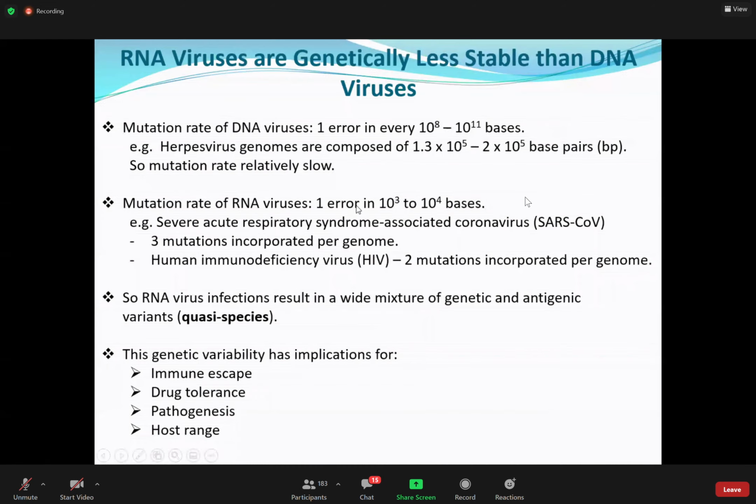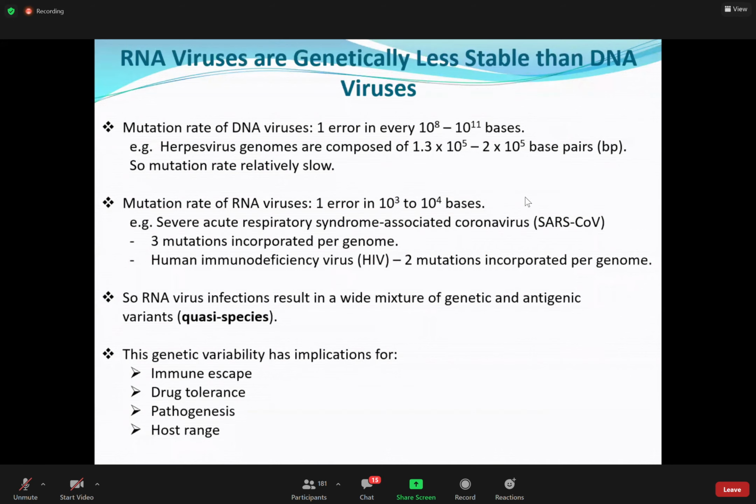It's been calculated that with RNA viruses you get an error rate of 1 in 1,000 to 1 in 10,000. Every 1,000 bases in this RNA sequence, you're getting one mistake.